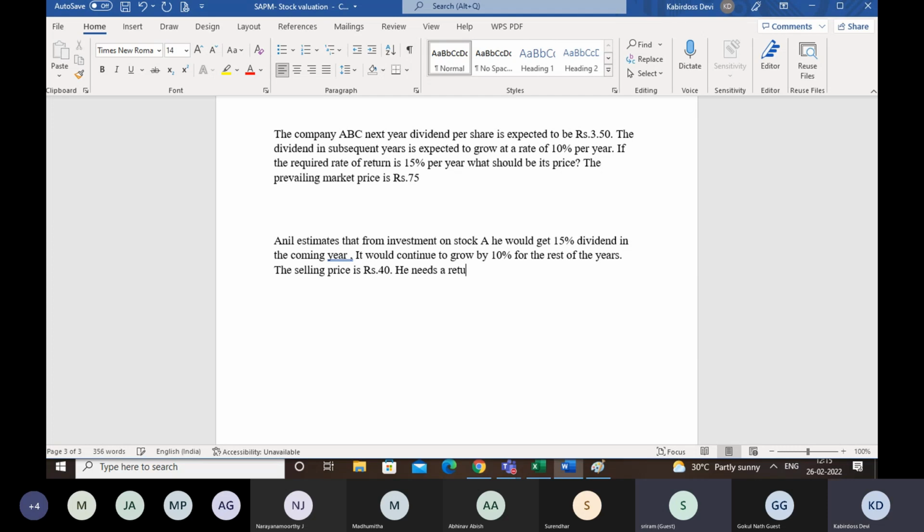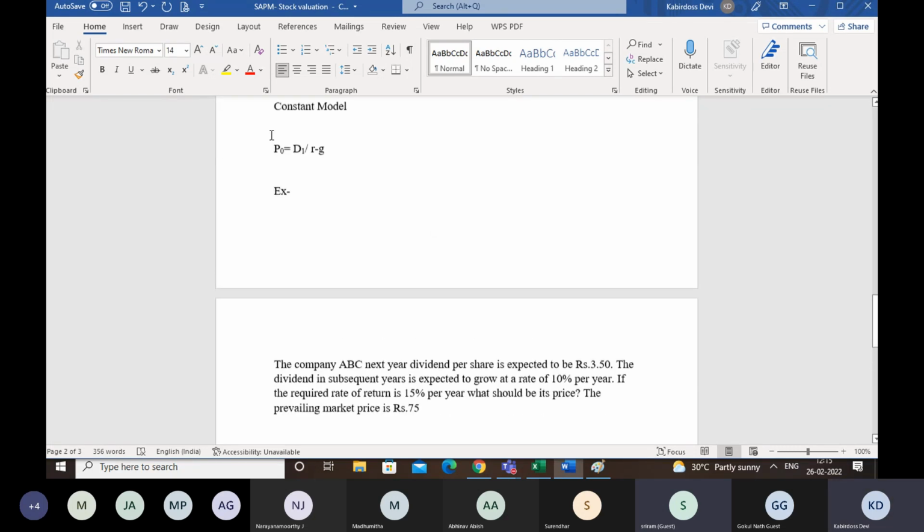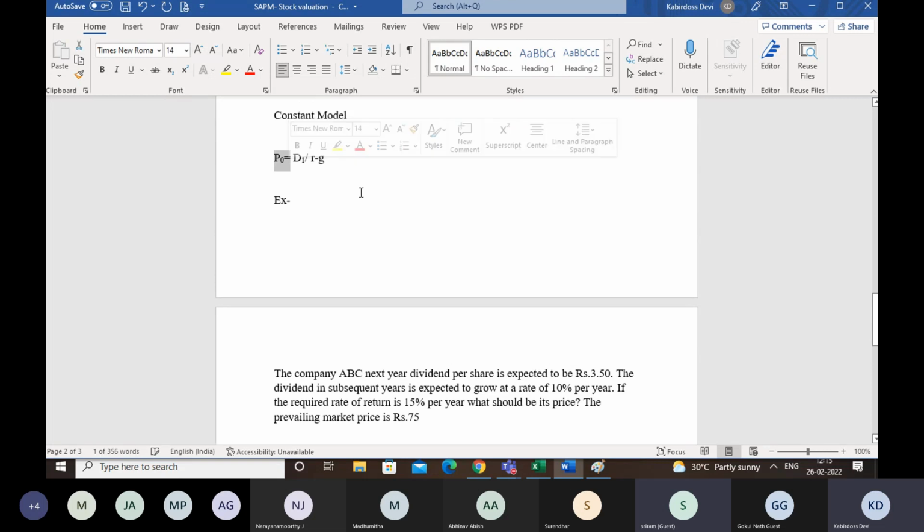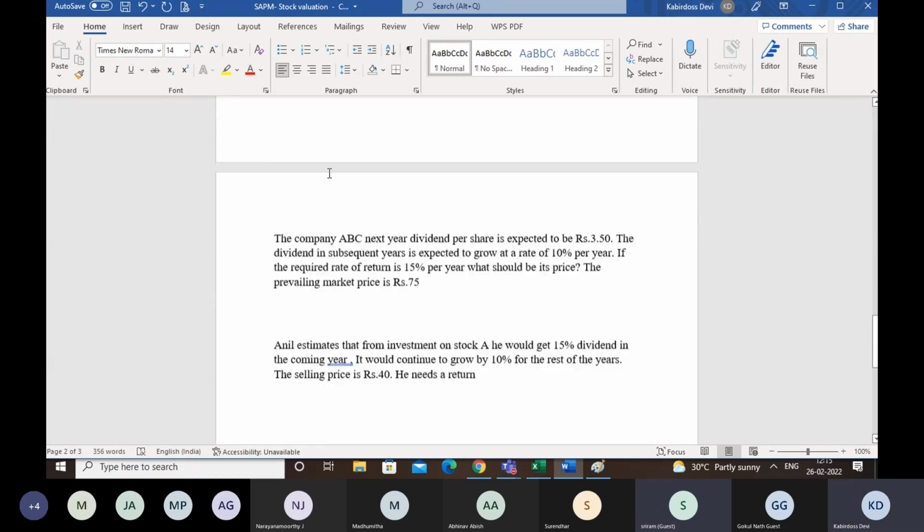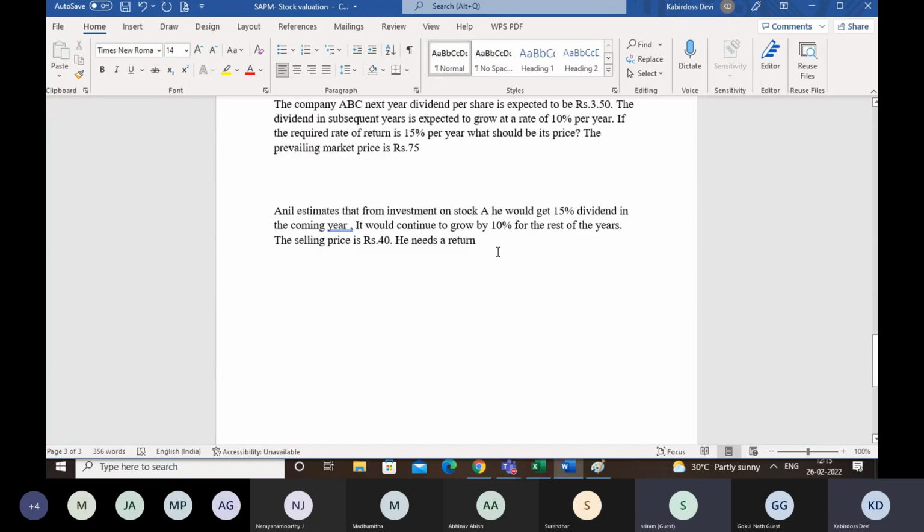See, in the first formula we taught you what will be the prevailing price. For the prevailing price, we have taken D1 divided by R minus G. Here we are going to calculate with the selling price and the return, what is the actual return.